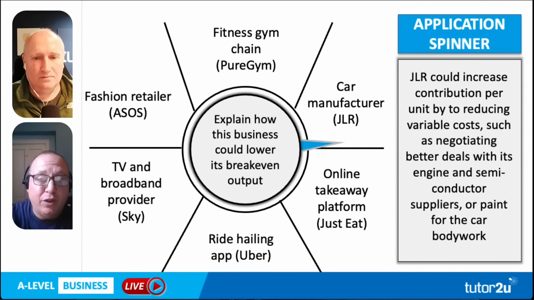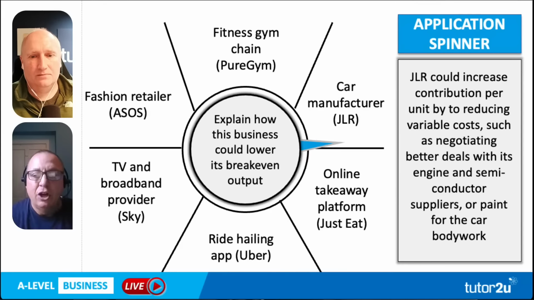Subsequently, JLR need to sell fewer cars to cover their fixed costs, such as production workers' salaries or rent on the factories. That's what we need. We really need to explain how and why your suggestion would lead to a reduction in break-even point. That's the difference between analysis and just stringing together knowledge points with connectives.